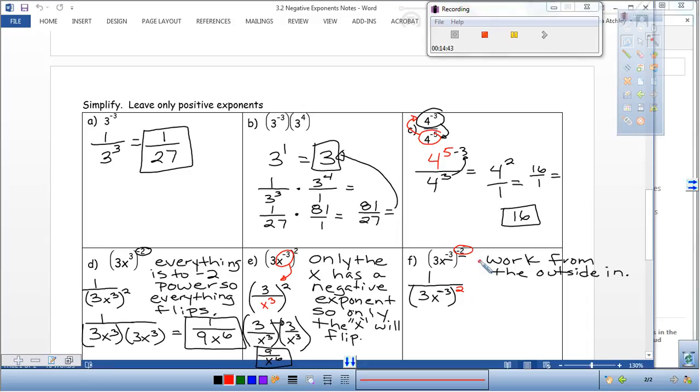Then I'm going to square it. So I'm going to get 1 over 3x to the negative 3, times 3x to the negative 3. Again, still leave the negative exponent with the x. Okay, we're not dealing with that yet.